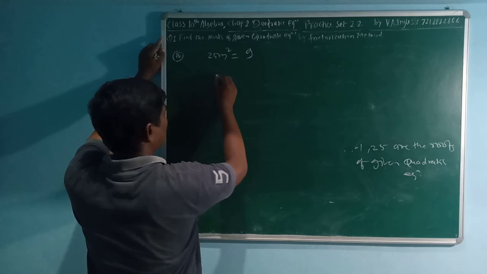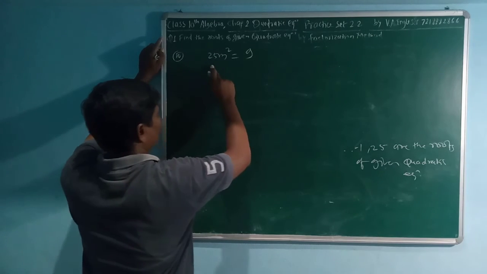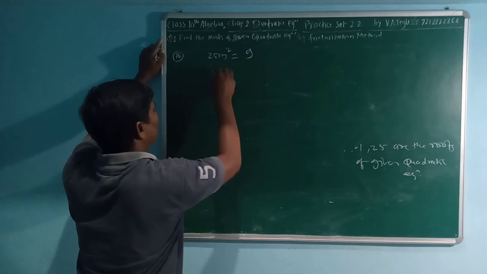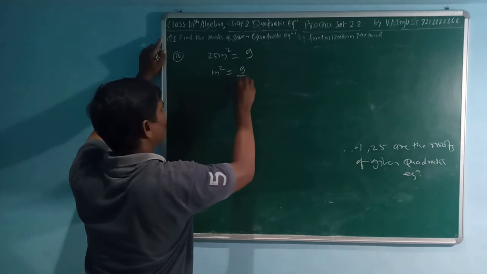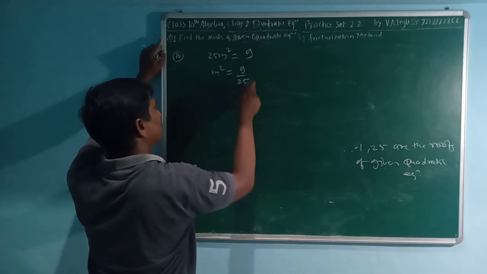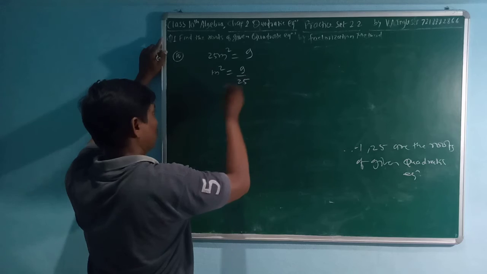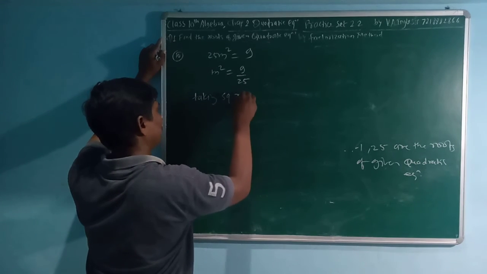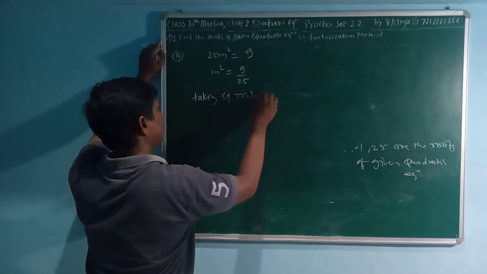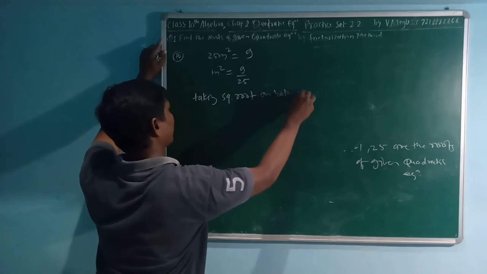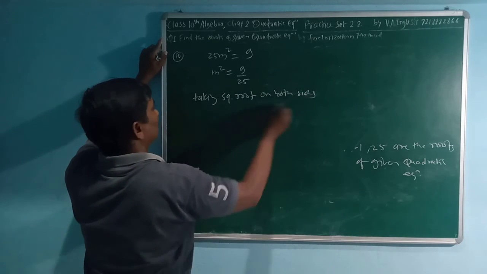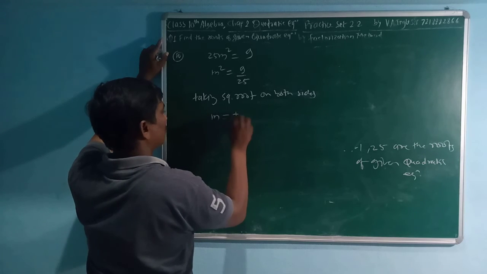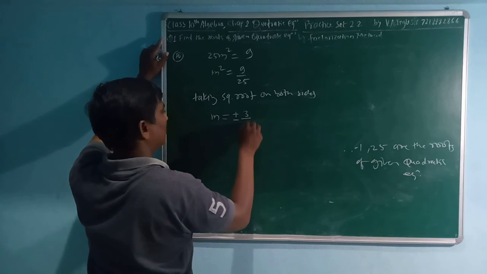Just we'll take 25 to the denominator of the 9, and both terms on the right hand side are square terms, so we will take square root on both sides. So we'll get m here equal to plus or minus 3 by 5.